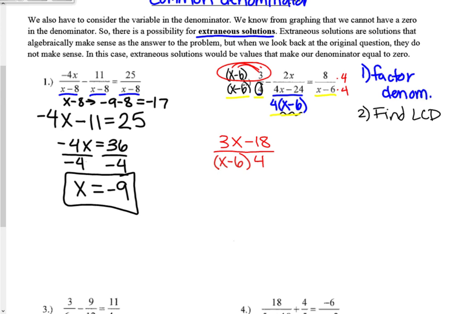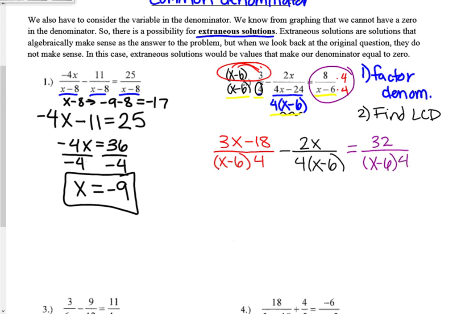This second fraction, I didn't have to change anything. It already had everything we needed to make that common denominator. So I have 2x over 4 times x minus 6. I'm going to put it in the factored form just so I can make sure that I have everything the same. On the right-hand side of the equation then, I had to multiply by 4. So I'm going to multiply the top by 4. I get 32. Again, the denominator, I would never multiply that out.